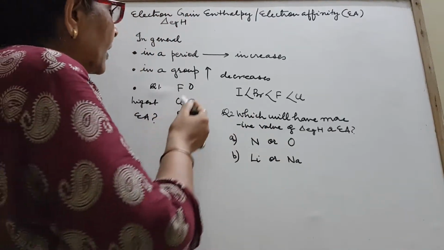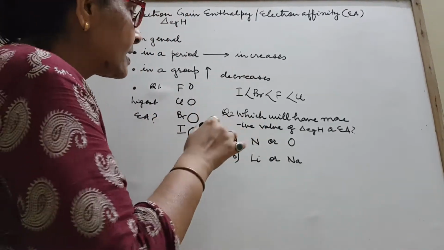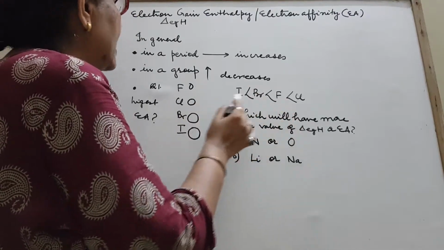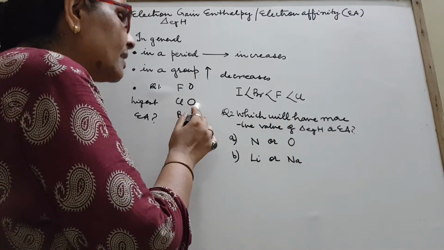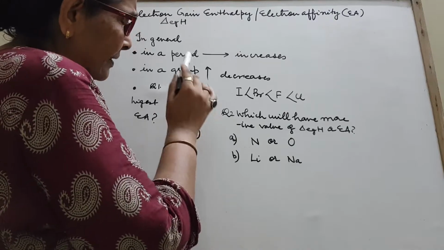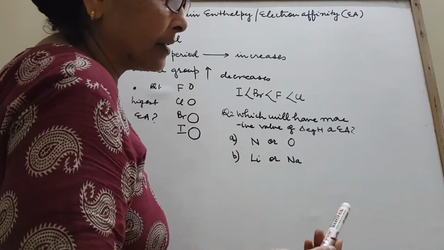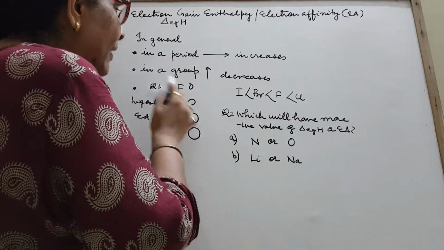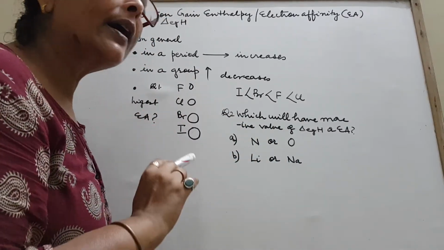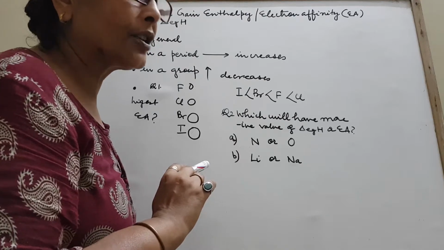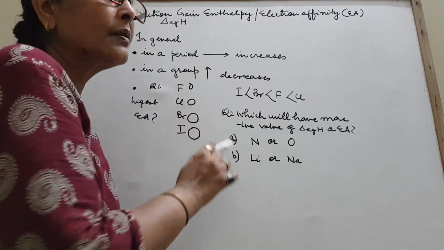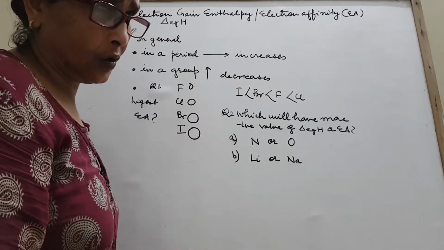Next is Cl, which should have had the second highest but now becomes the first highest, because here the size is small but not that small that it starts electronic repulsion to that extent. With the result, the value of F gets lowered due to inter-electronic repulsions, and here there are almost negligible or no repulsions at all.